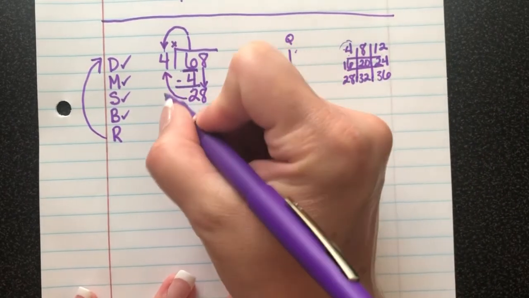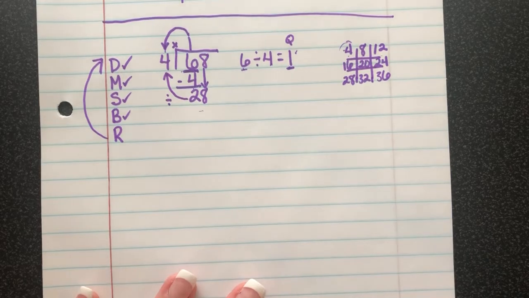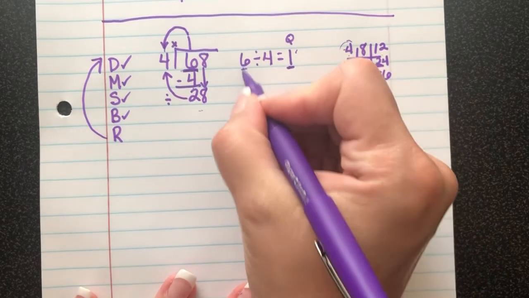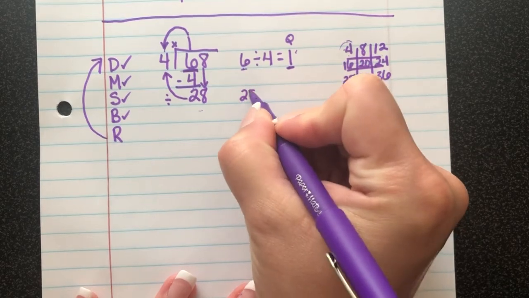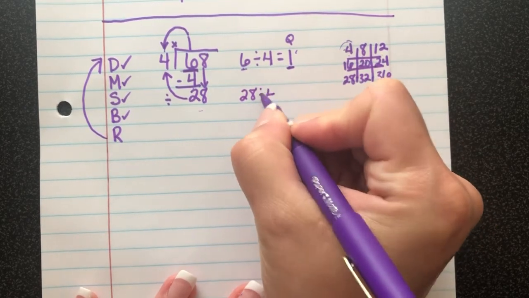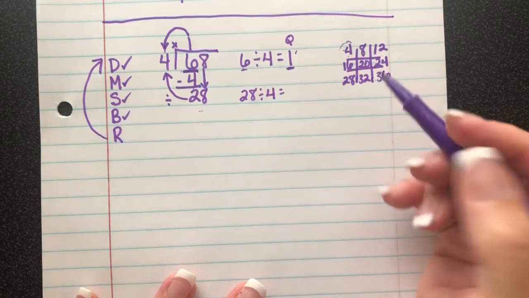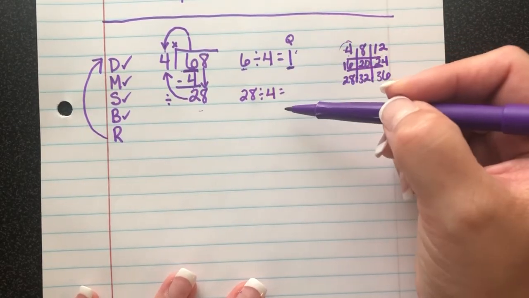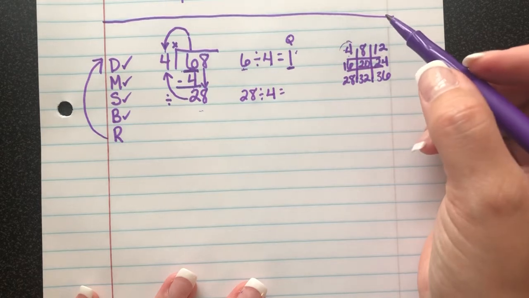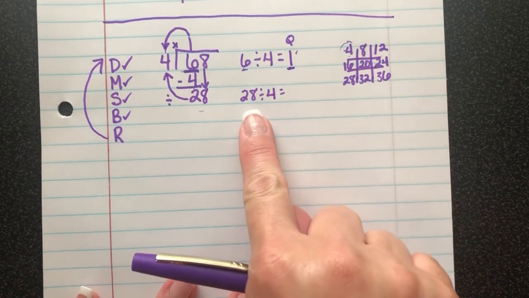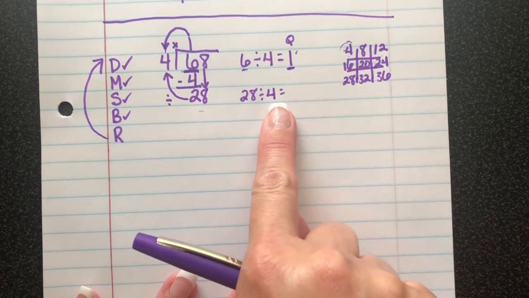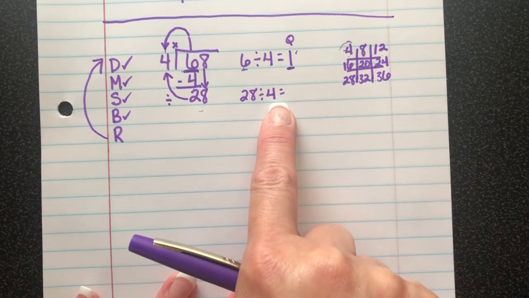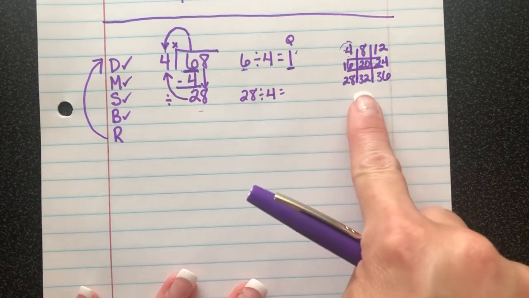And see, I'm using my arrows again, and I put a division sign next to it, okay? So off to the side over here, I'm gonna write 28 divided by 4, okay? No, you don't have to do this. This is just a way to keep things organized, okay? All right, so if you're not comfortable with your multiples of 4, your division facts or your multiplication facts, use the hashtag.